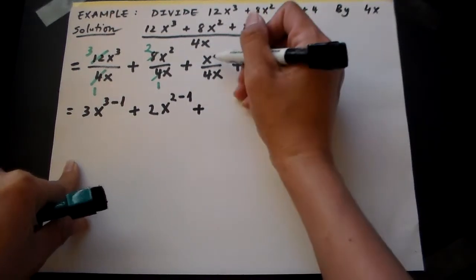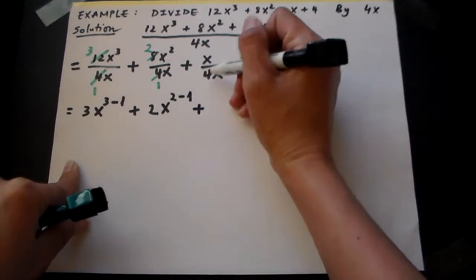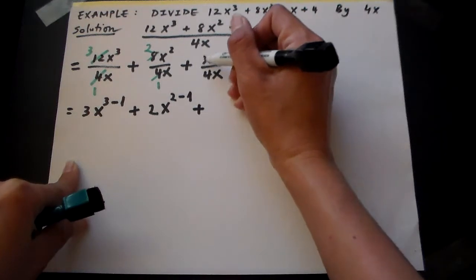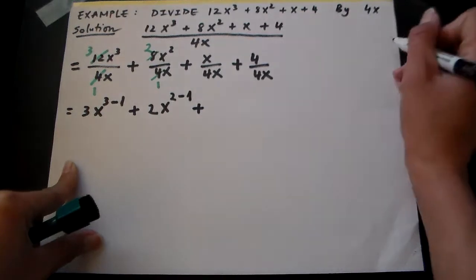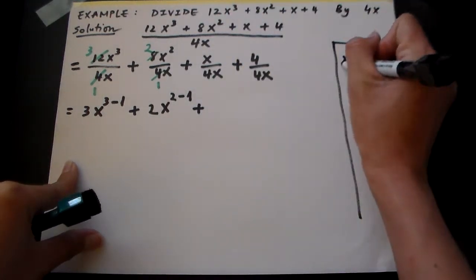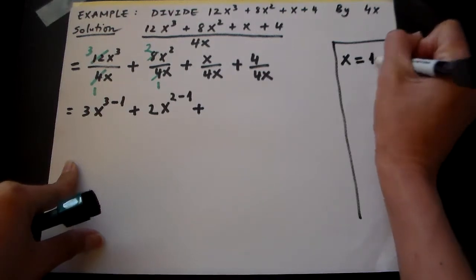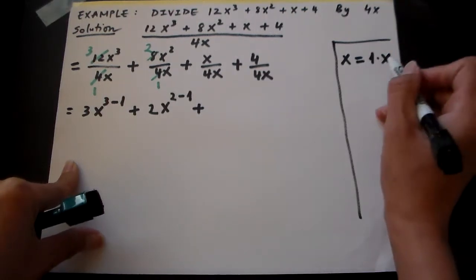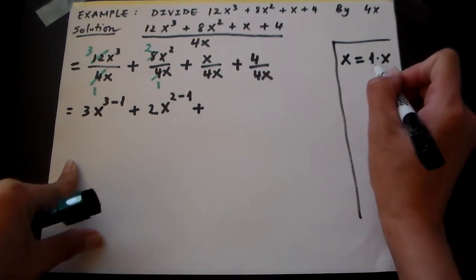Alright, now we have x divided by 4x. You do not see the coefficient here, but actually there is. So let me do some side work for you here. This is x, right? You can rewrite this as 1 times x. So the coefficient of x is 1.